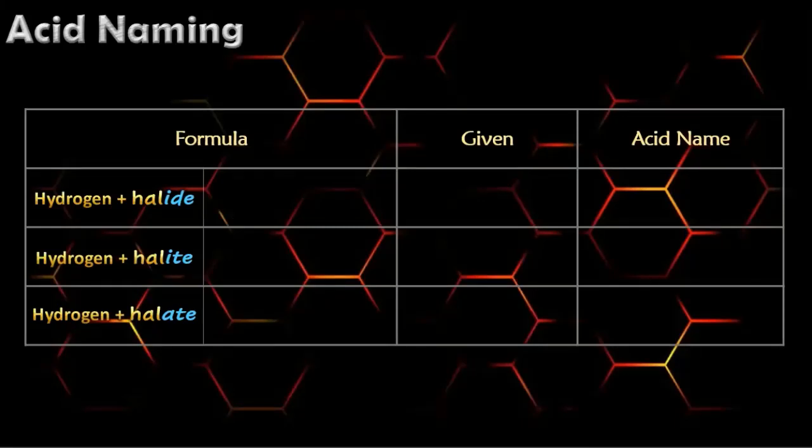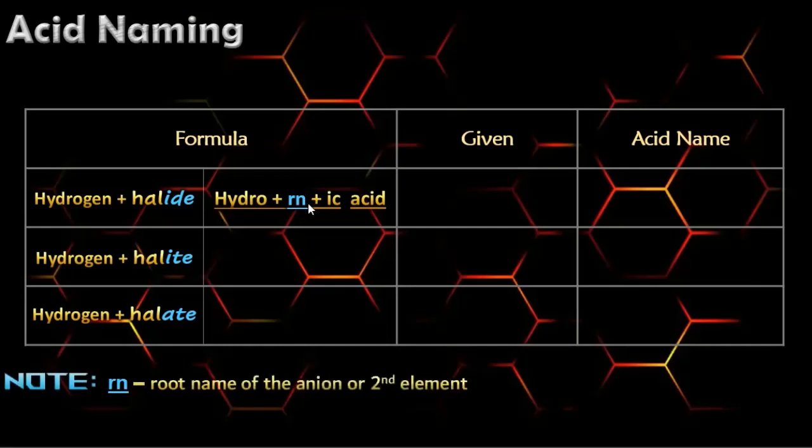The format for acid naming, if the anion ends with IDE, would be hydro plus the root name of the anion, plus IC. That's the first word of the acid name, and the second word is always acid. Let's have an example. Hydrogen chloride.